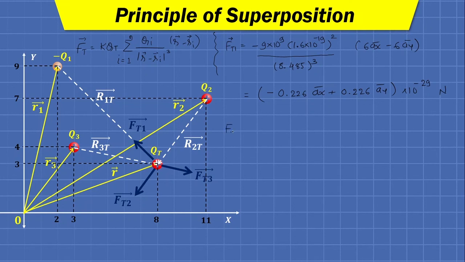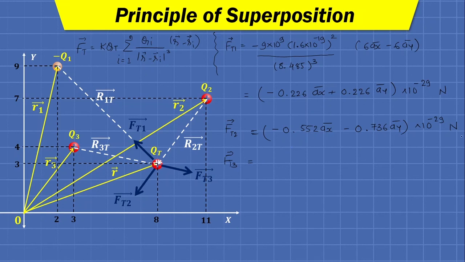Similarly, we can calculate Ft2 bar and Ft3 bar. Fine, so I want you to calculate these two forces and suggest to me if I am wrong over here. You will find the value of Ft2 as minus 0.552 ax bar minus 0.736 ay bar, whole multiplied by 10 raised to minus 29 Newton.